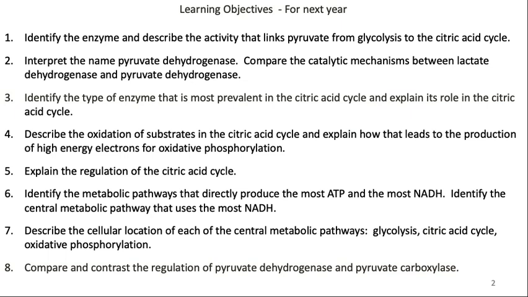In particular, you should be able to identify the substrate and the product based on the name, and maybe have some idea of how it fits into the Krebs cycle.